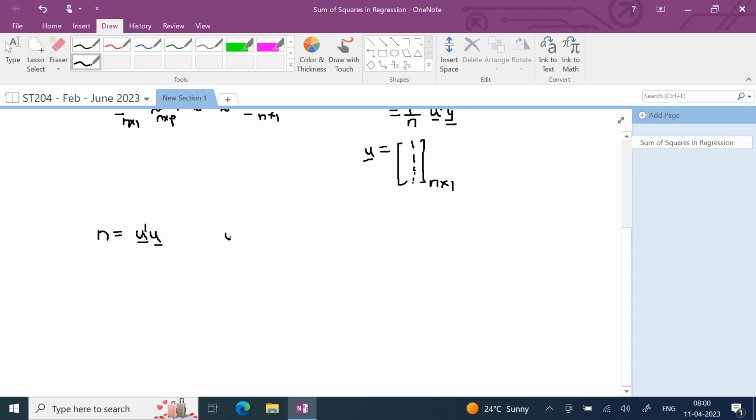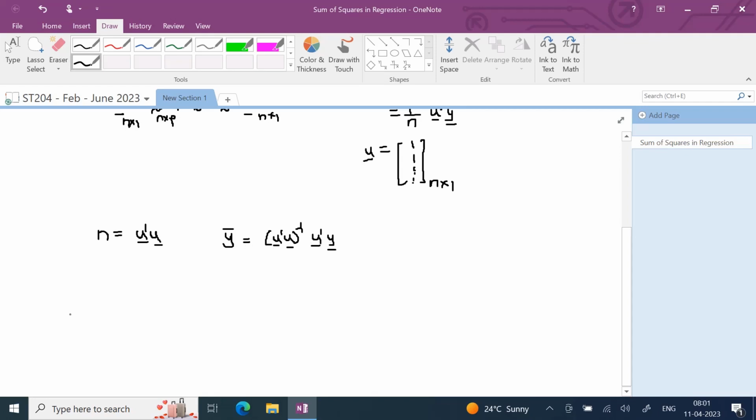In that case, my y bar becomes (u prime u) inverse, because it is 1 by n, and u prime y. Okay so far? So y bar is now (u prime u) inverse u prime y.